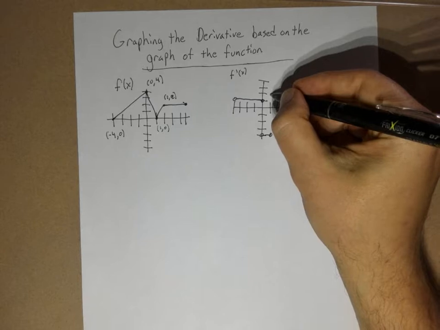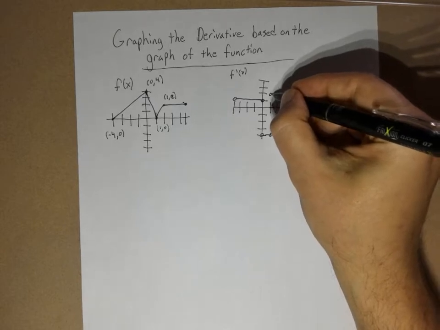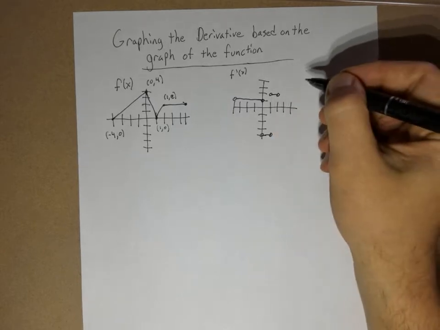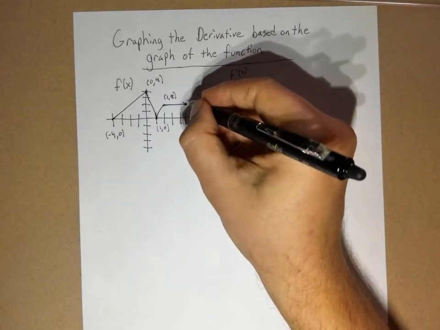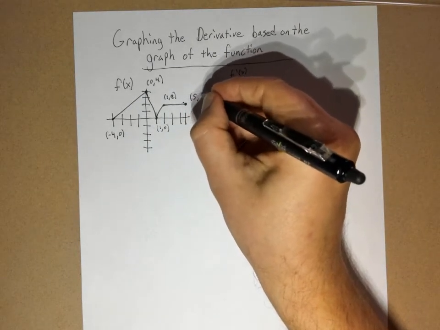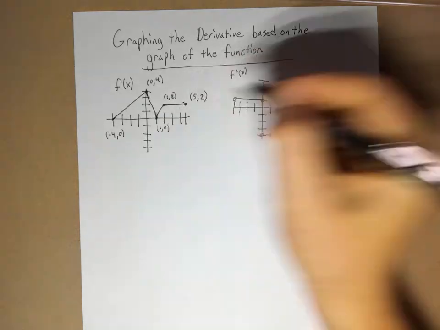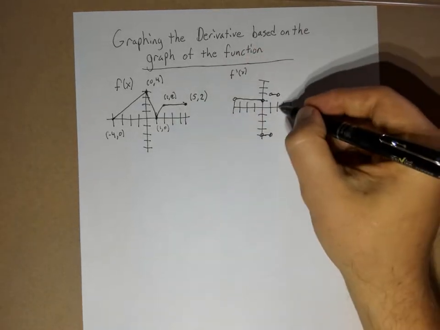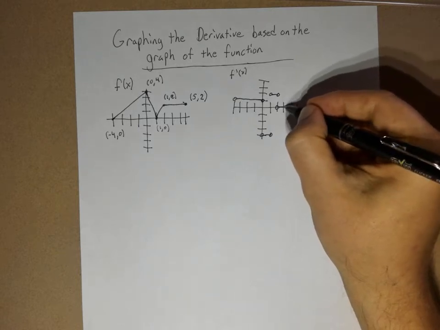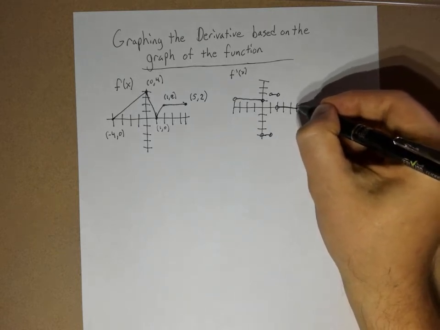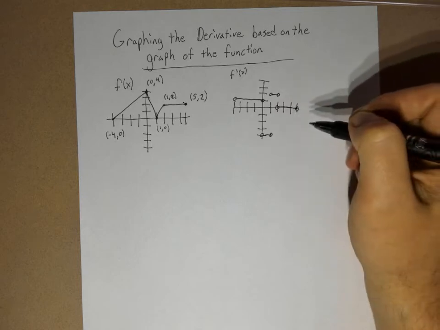So I'll have my derivative function equal to 2 on that interval. And then for this last part, you can calculate the slope, but the slope is just 0. There is no slope because it's a flat line. So because of that, I know that my derivative function is going to equal 0 along that interval from 2 to 5.